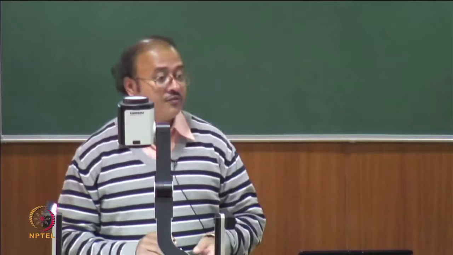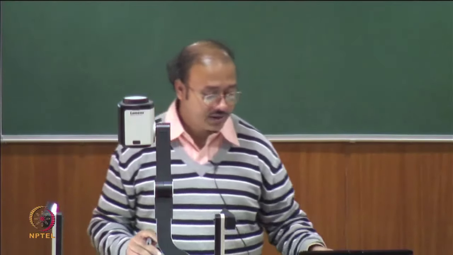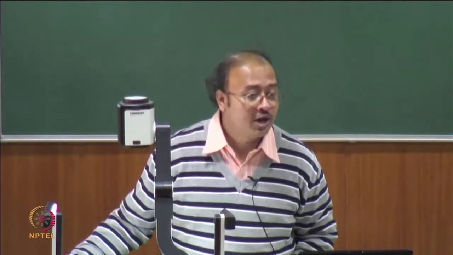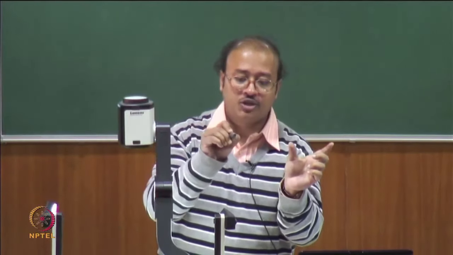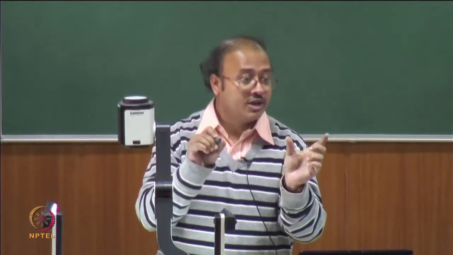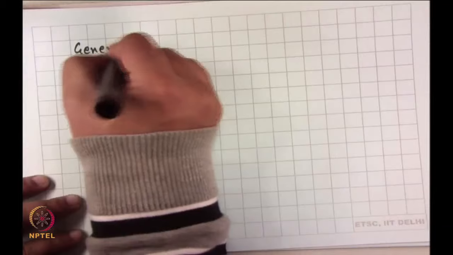Good. Now, let us take a very general case. I am not always going to have a linear geometry. That means, I am not always going to have a dipole and a charge sitting on the same line. Instead, let us look at a more general case.